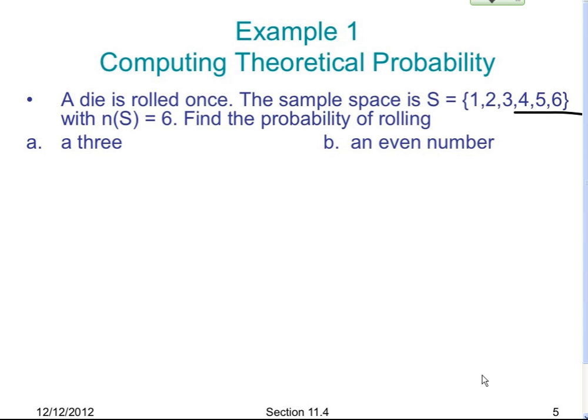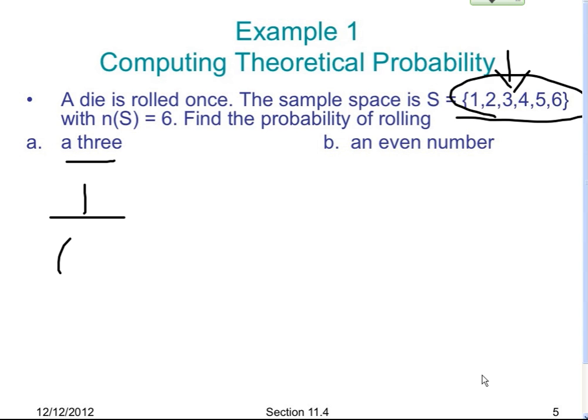That means there are 6 total possibilities in the sample space. Find the probability of rolling a 3. We look at the sample space. How many ways can we roll a 3? There's only one 3 in the sample space, so there's only one way to get it out of 6 possibilities. The probability is 1/6.